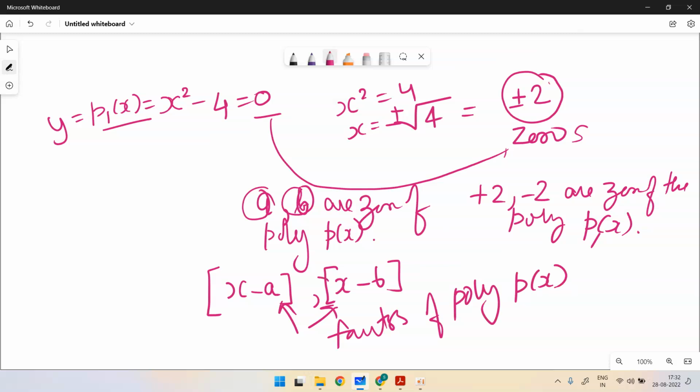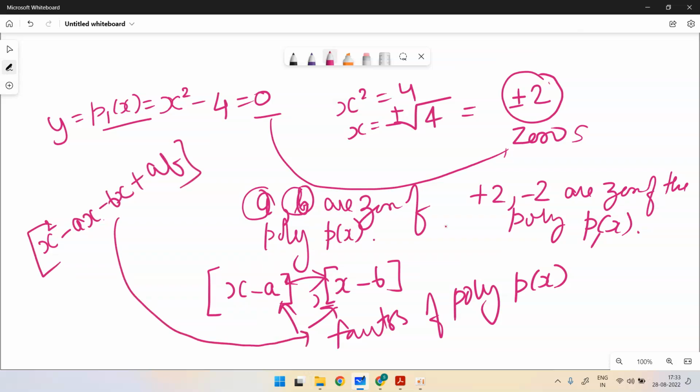And if you multiply these two, this is x square minus ax minus bx plus ab, which is also a factor of this polynomial, because I have just multiplied these two.